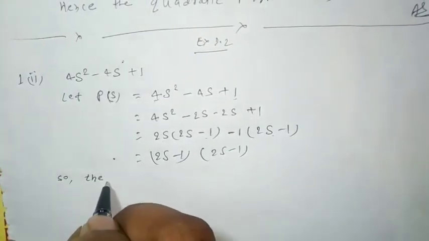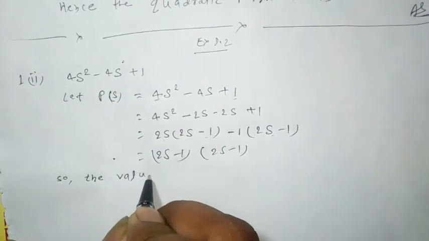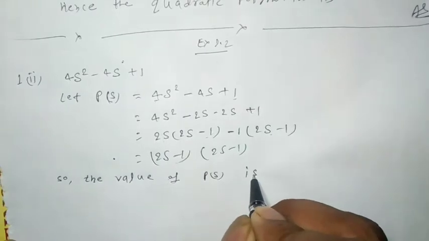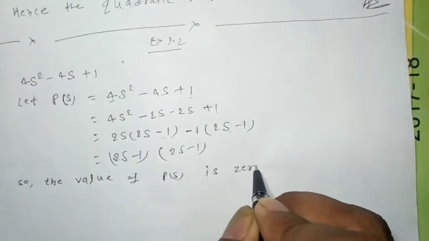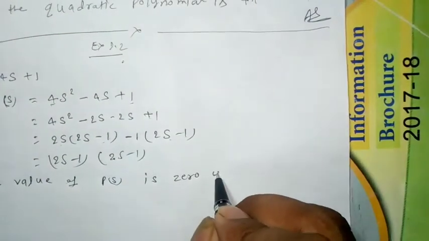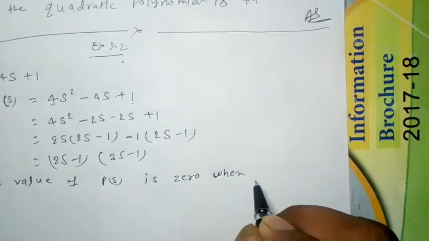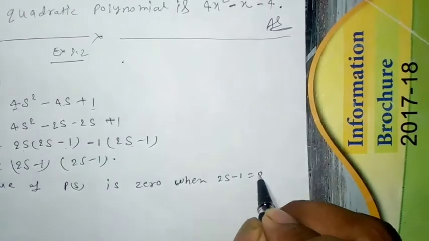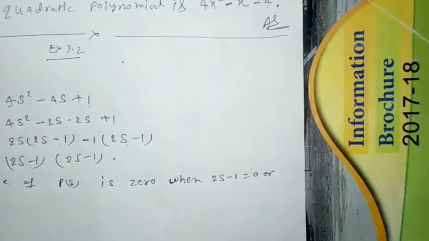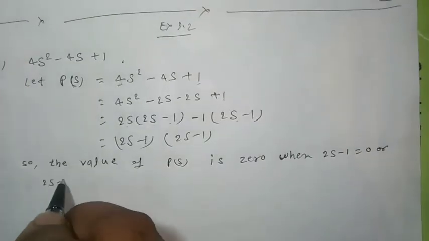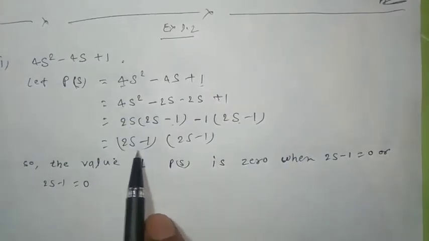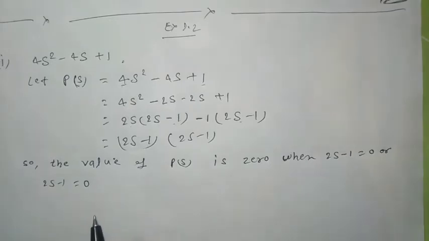So the value of P(s) is 0 when 2s minus 1 is equal to 0 or 2s minus 1 is equal to 0. It means that this part and this part are also equal to 0.